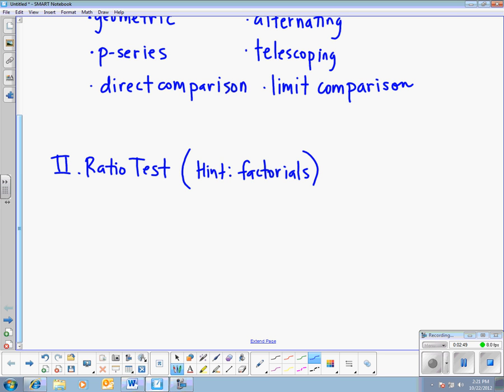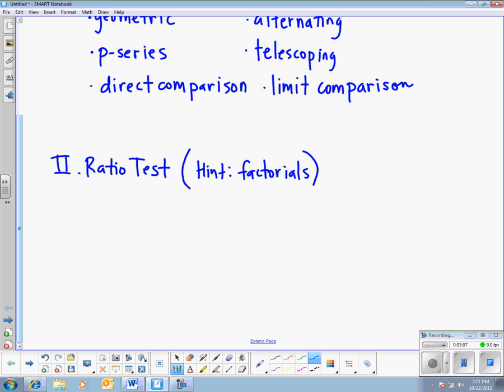So if you have that in the bottom, your terms will be quickly approaching 0. And we'll see a couple of examples of how the ratio test works with factorials. So let me just give you the test first, and then I'll do one convergent and one divergent example.